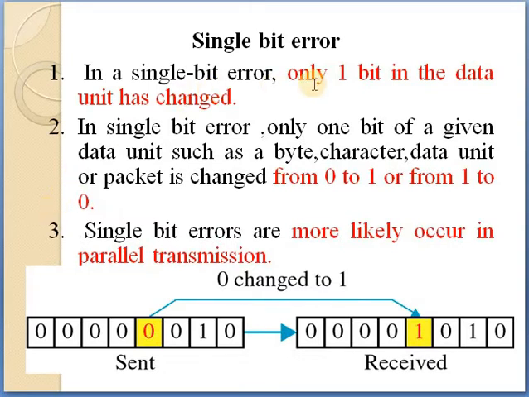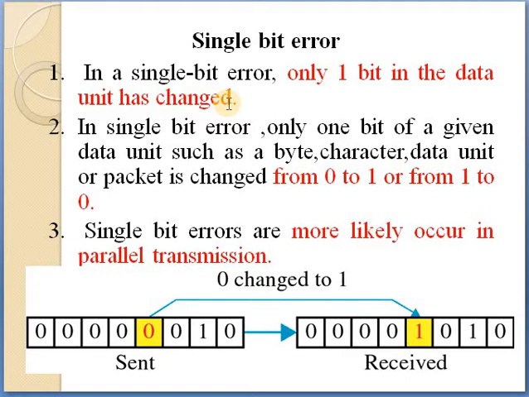First point is the single bit error. In a single bit error, only one bit in the data unit has changed. As the name suggests, a single bit error occurs when a single bit gets changed during the transmission of data due to interference in network communication.